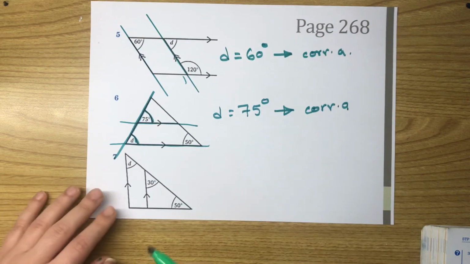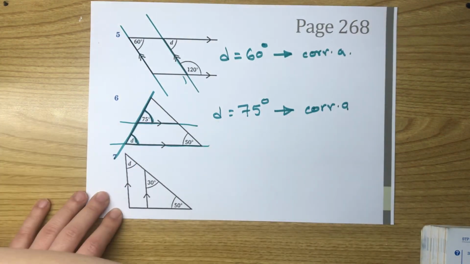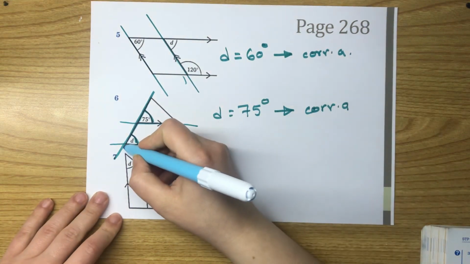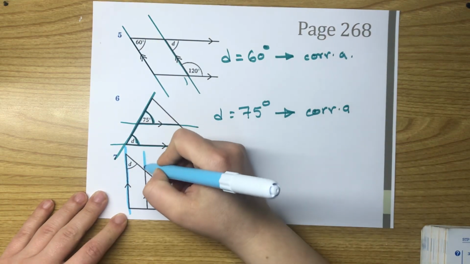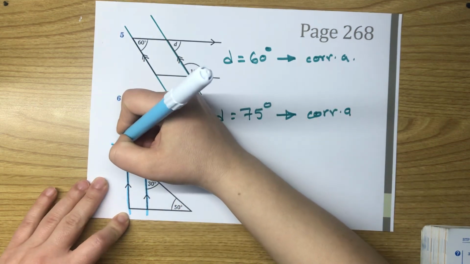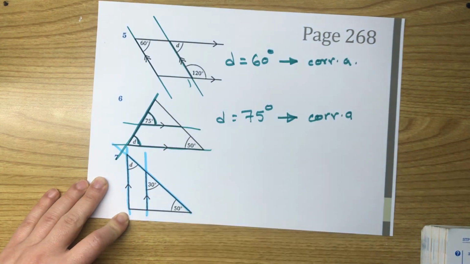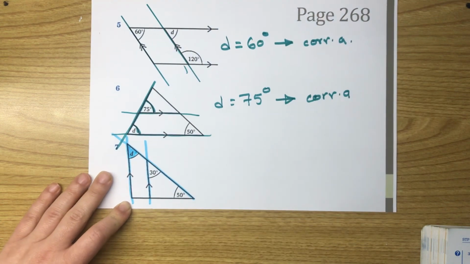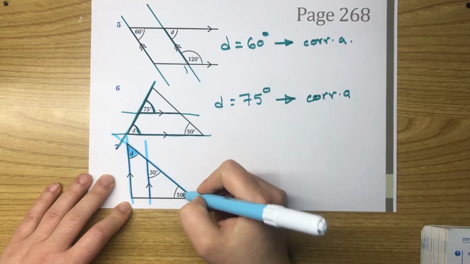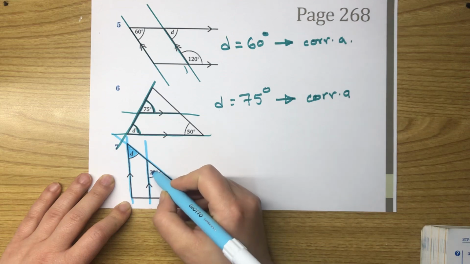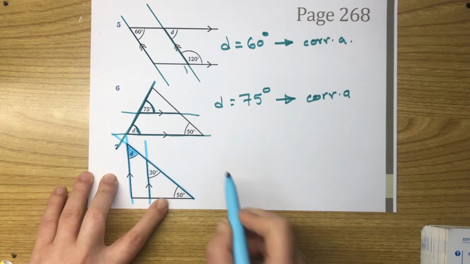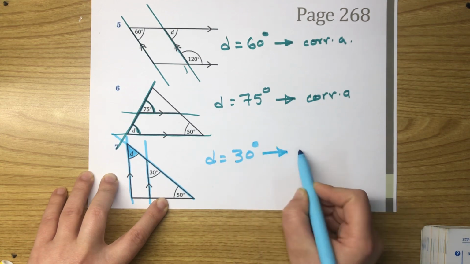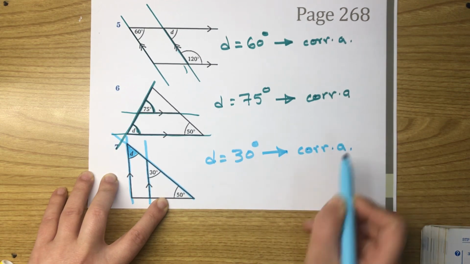Next, I'm gonna pick another one. Parallel, parallel, transversal. Okay, so this is D. It corresponds to the angle 50 or 30. 30, because both of them have the same place, so D equals 30. Why? Corresponding angles.